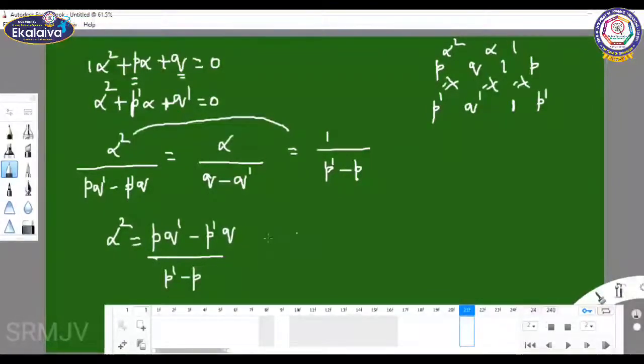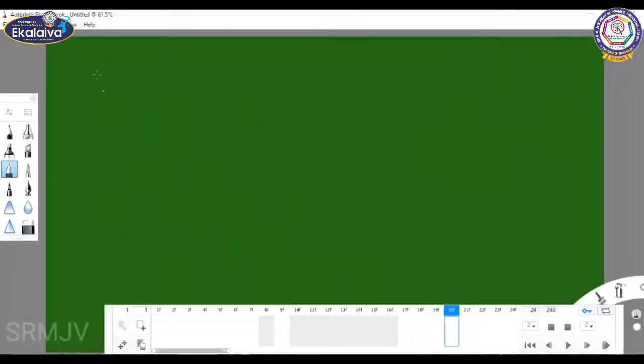Then what is the value of alpha? Alpha equal to q minus q dash by p dash minus p. Then alpha square by alpha. What is the value? Alpha, because it gets cancelled.